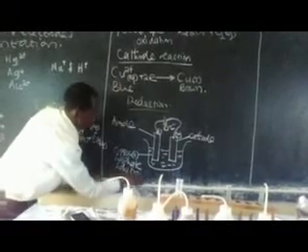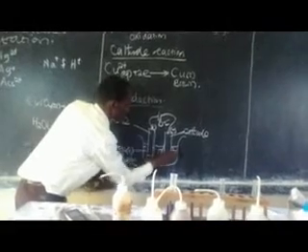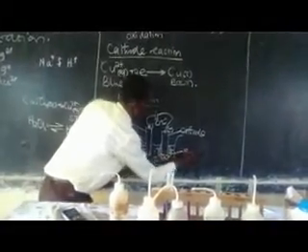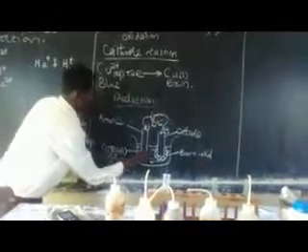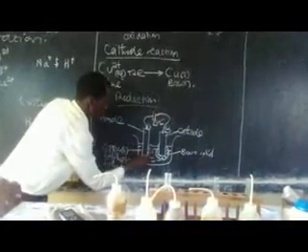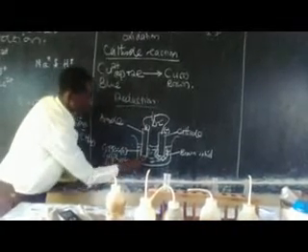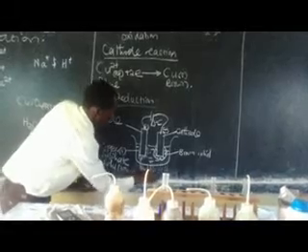What happens is that at the cathode you will see a brown deposit, a brown solid. Then here you see bubbles forming, bubbles of the colorless gas.